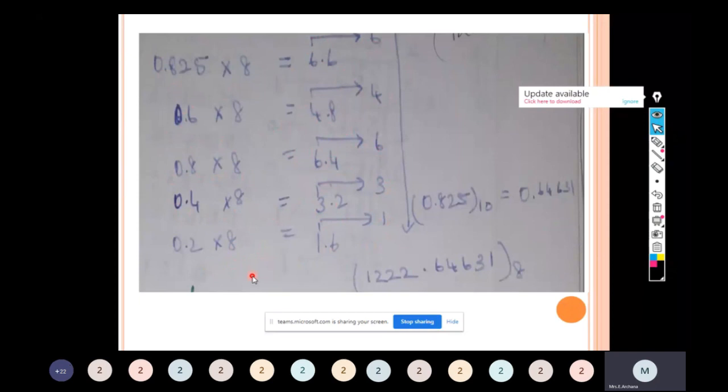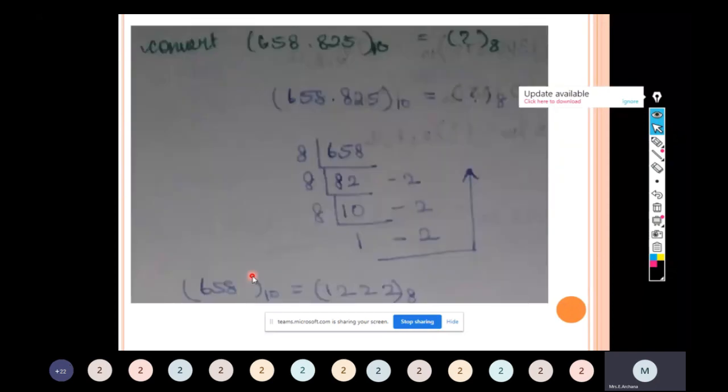So this is the problem based on conversion of a decimal number system to any number system. Here they have given 8, so we are taking an octal value. So in this problem we are going for 2 different steps.